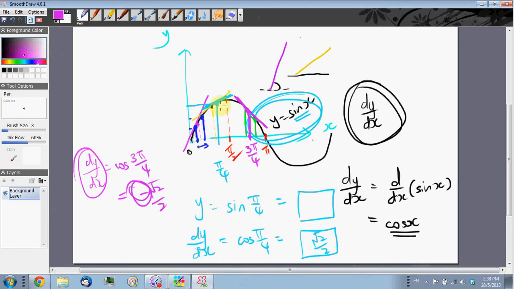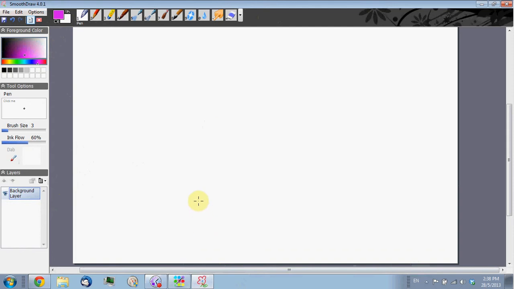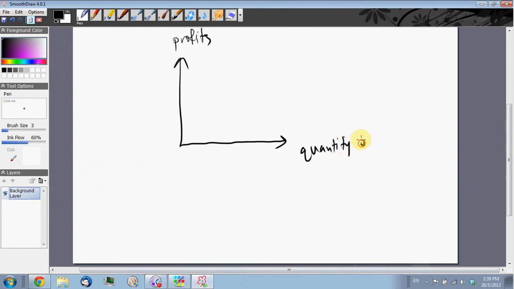The reason why we want to use differentiation in our lives is because it's very useful to help us solve very complex questions. For example, say I have profits according to quantity of apples. Let's say you're a fruit seller, you're selling apples, and given some conditions, you're able to craft an equation as to how profits change with respect to quantities of apples sold.